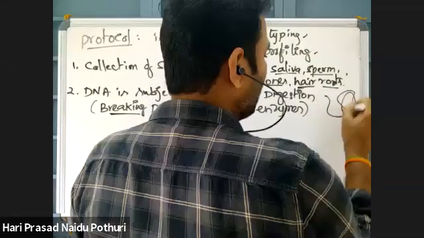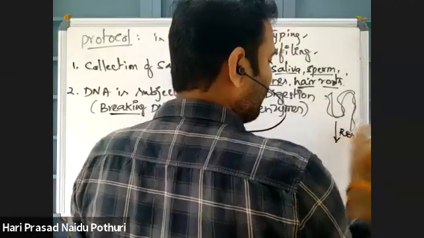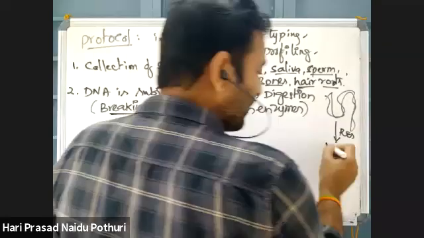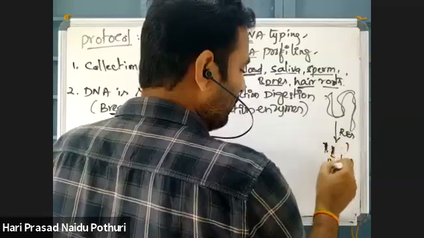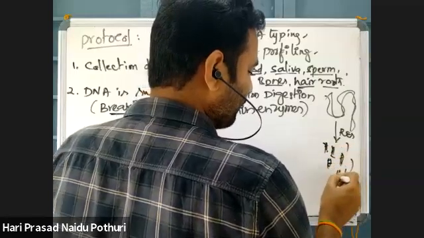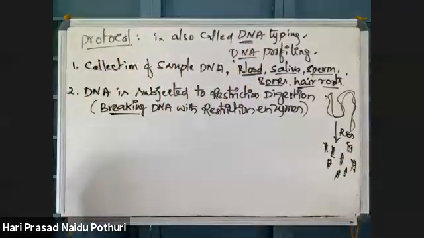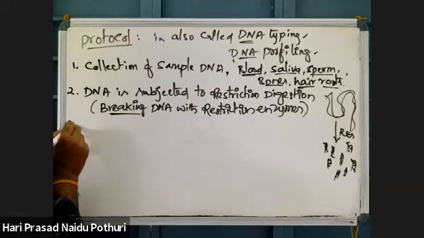Suppose a long DNA molecule is available. If we add some restriction endonucleases and break the DNA, small fragments of the DNA are formed. Small fragments of DNA will be obtained. That is restriction digestion. That is what we use restriction endonucleases for.